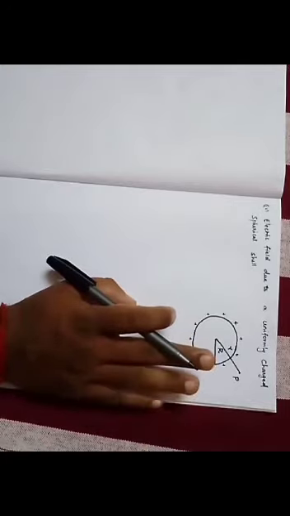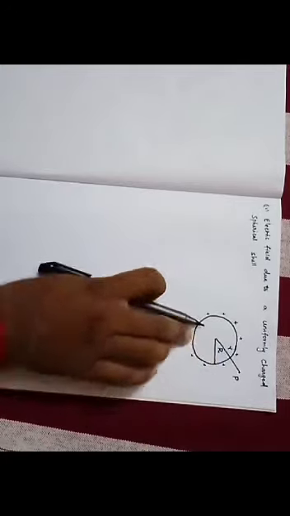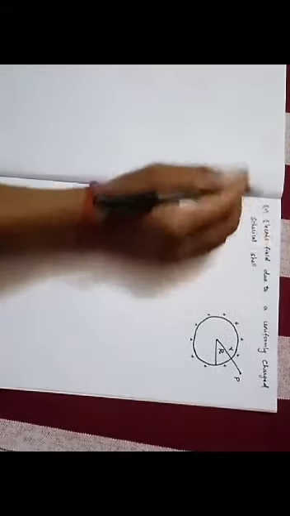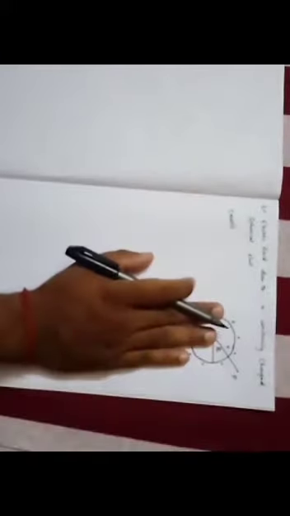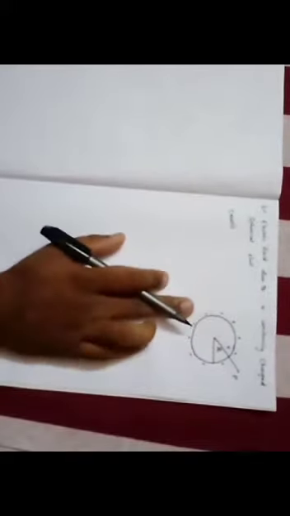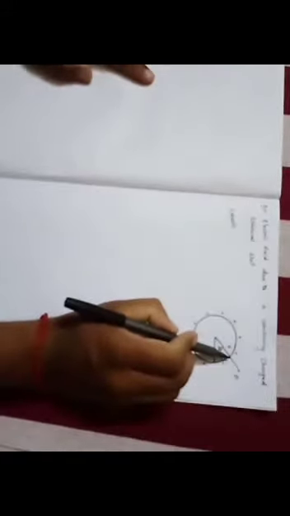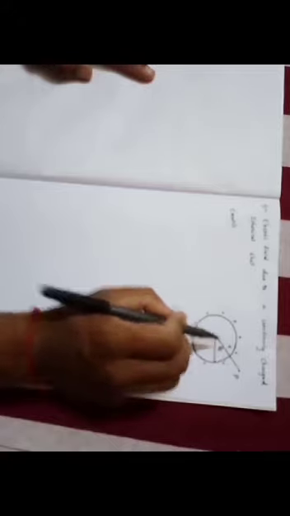The electric field due to a uniformly charged spherical shell is calculated in three cases. In the first case, we take the point outside the shell. In the second case, we take the point on the surface of the sphere. Then we take the point inside the sphere.